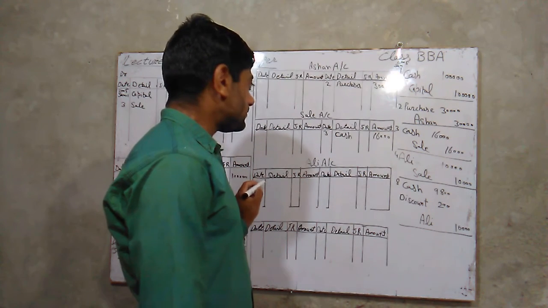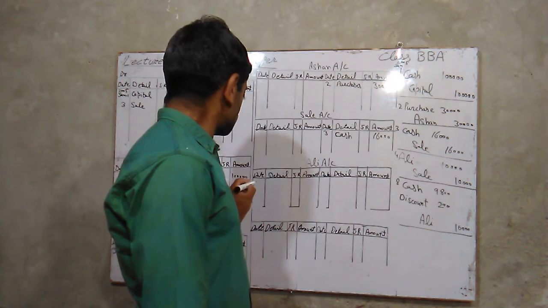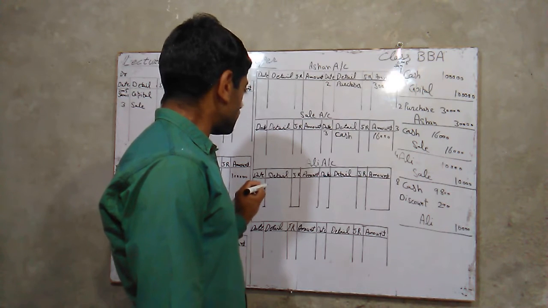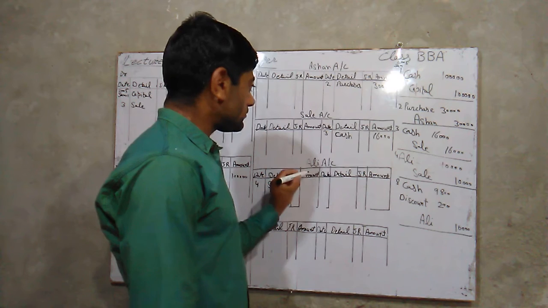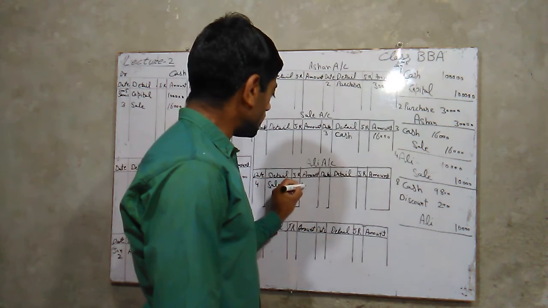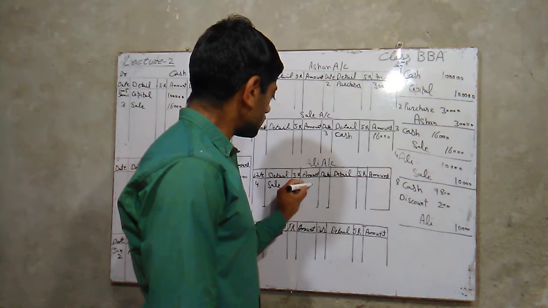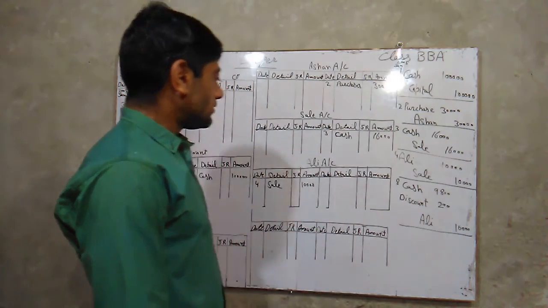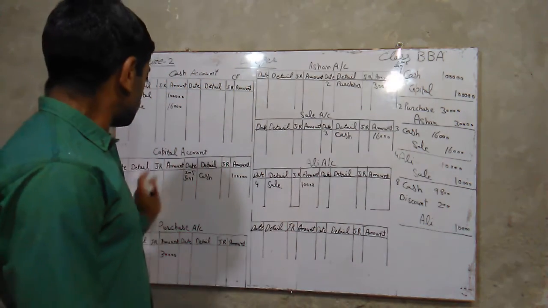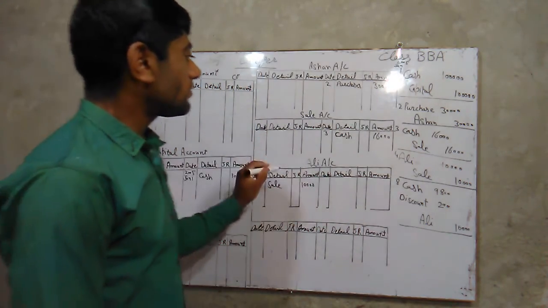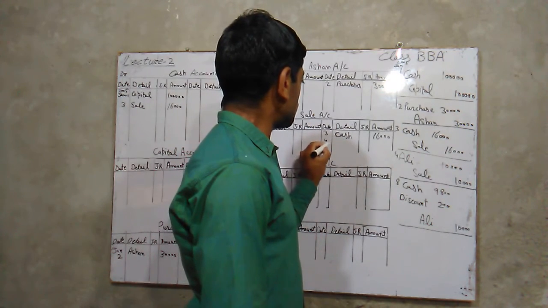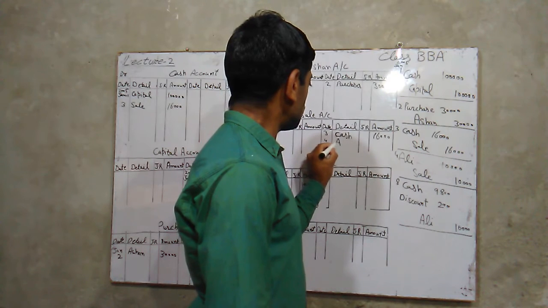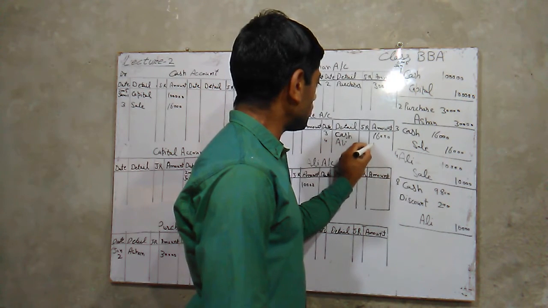Ali account, 4th January, due to sale, 10,000. Next, the sale account is here. So sale is credit due to Ali, 10,000.